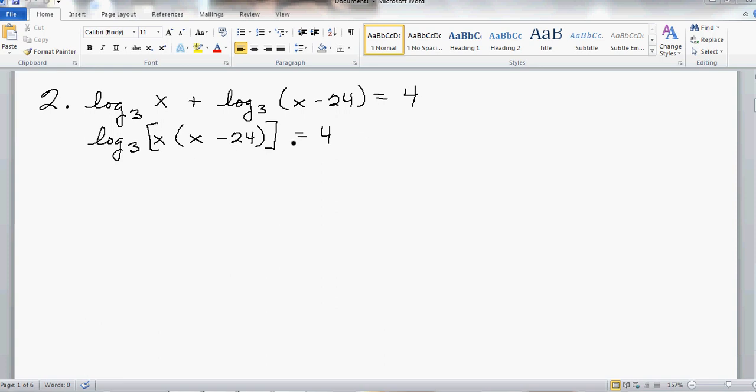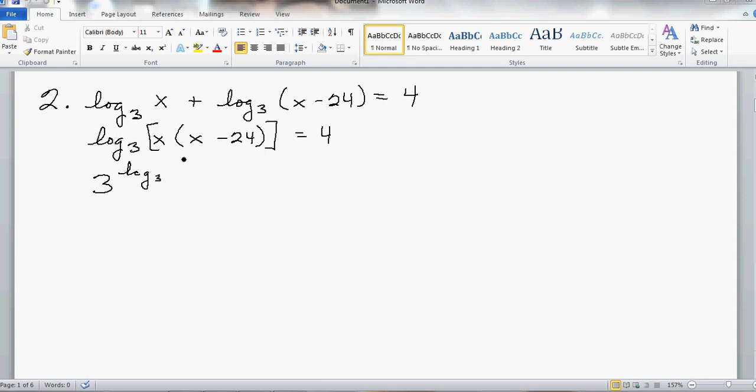Now, in order to get rid of this log base 3, because here's a situation where we don't want the log base 3 anymore, we can take 3 to this power: 3 to the log base 3 of x times x minus 24 equals 3 to the 4th power.